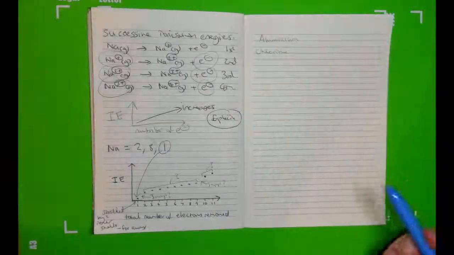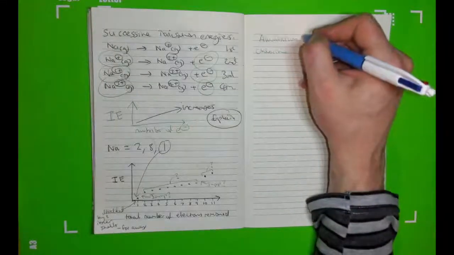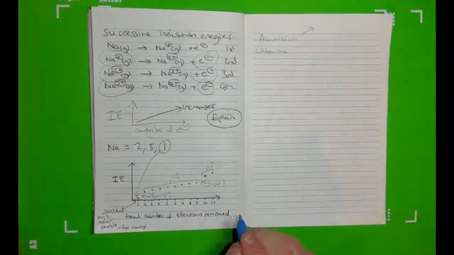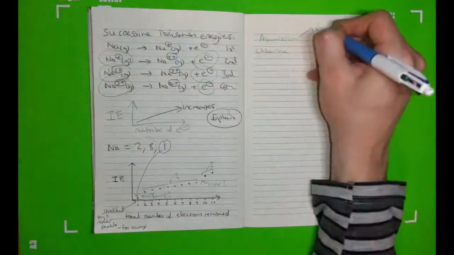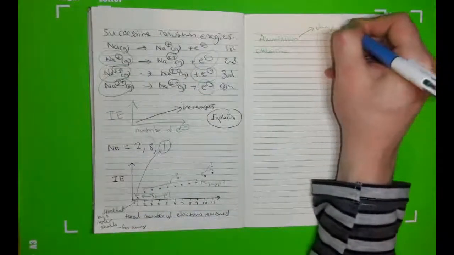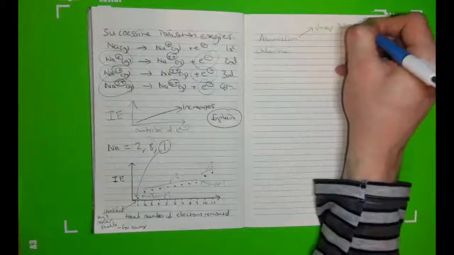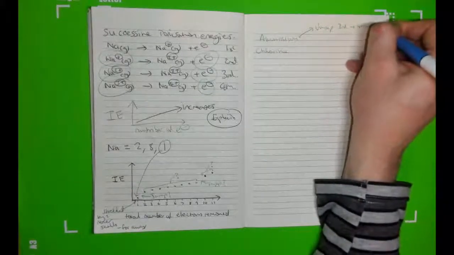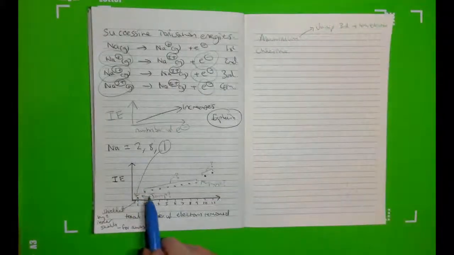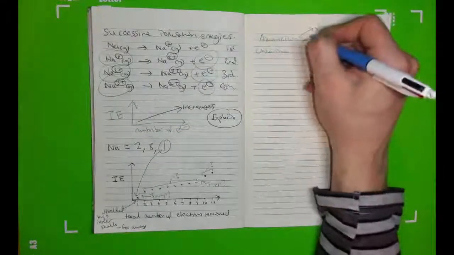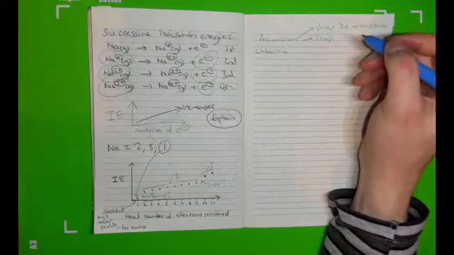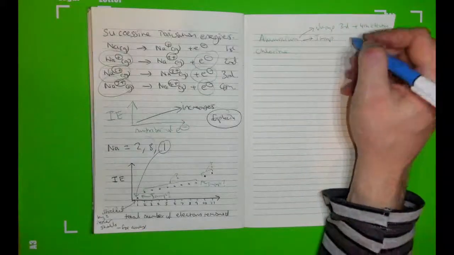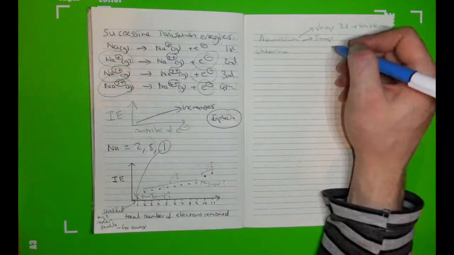I'll give you a clue for aluminium. I'm not going to give you a clue for chlorine though. So the clue for aluminium is that there is a jump between the 3rd and the 4th electron. And you explain why there's a jump there. And there's a jump between the 2nd last one and the 3rd last one as well.